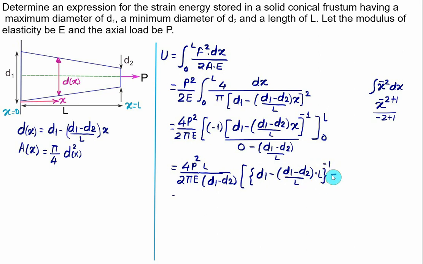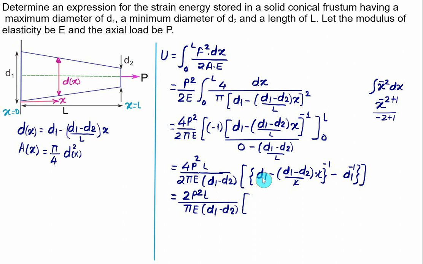For the second limit I have to put the value of x equal to 0, so we have a minus sign. In this case only d1 is left, and we have power equal to minus 1. So we have 4 divided by 2 is 2P square multiplied by L divided by pi multiplied by Young's modulus E into (d1 minus d2).